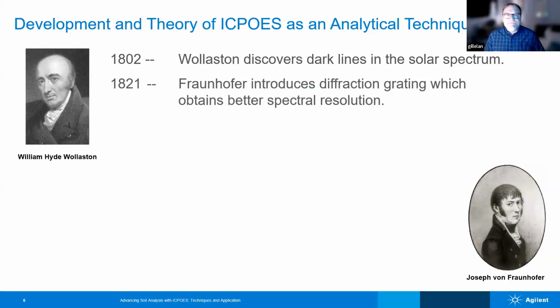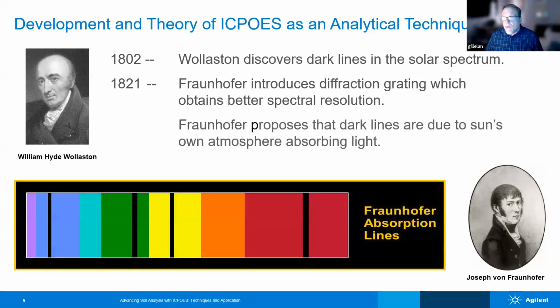Fast forward 19 years, Fraunhofer developed a diffraction grating where he was able to get much better resolution on these lines. His work started the science of stellar spectroscopy, because he was not only looking at the sun, he was looking at distant stars and making calls on what their composition was. Fraunhofer proposed that the dark lines are due to the sun's atmosphere absorbing the light.